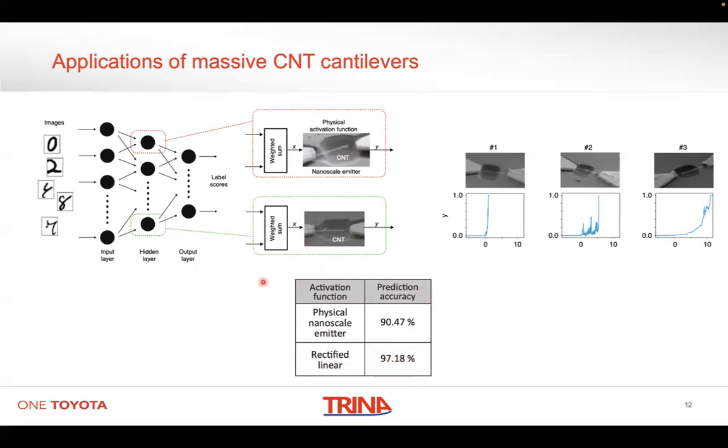But if we switch to this physical activation function with the carbon nanotube-based cantilevers, the accuracy goes down a little bit, but it still takes a high number of 90%. This number shows the capability of using this nanocantilever as a physical activation function.